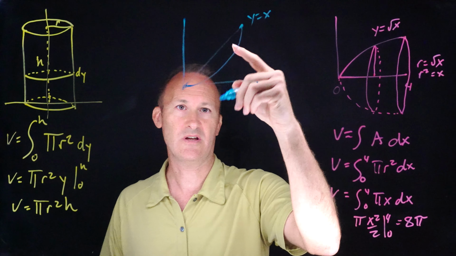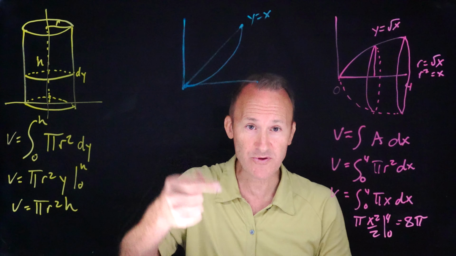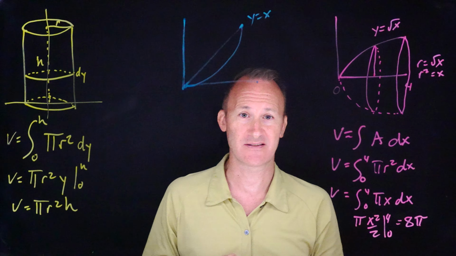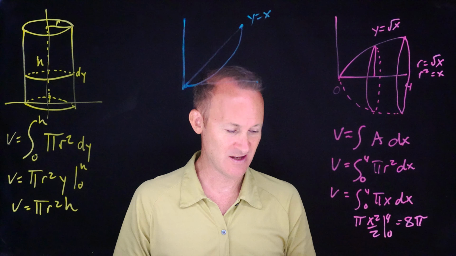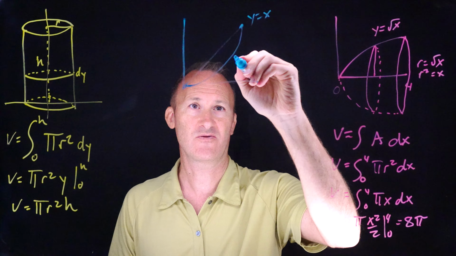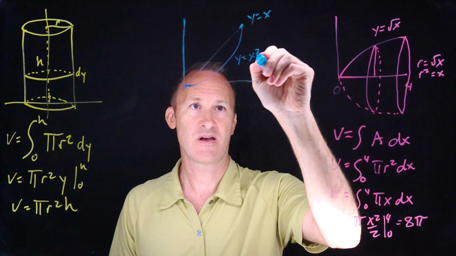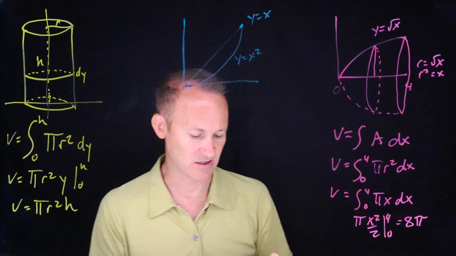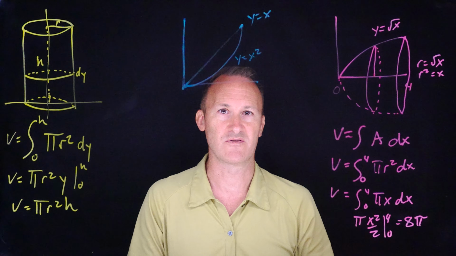We're going to look at that shape now rotated around the x-axis. Oh, this gets to be a little bit interesting. We've got two curves, and we're going to rotate them around the x-axis and figure out the volume.